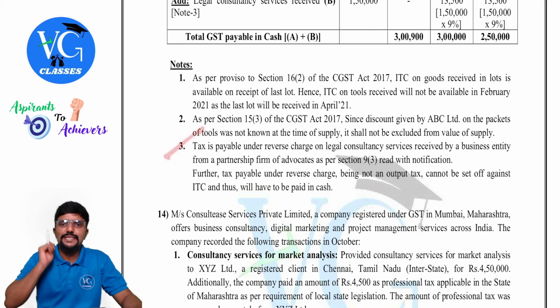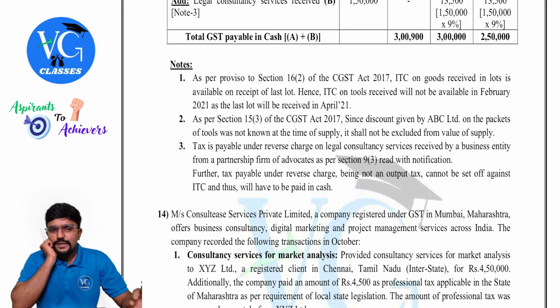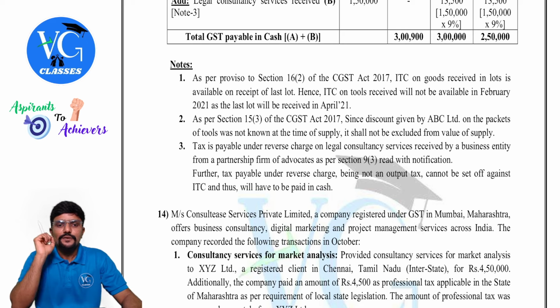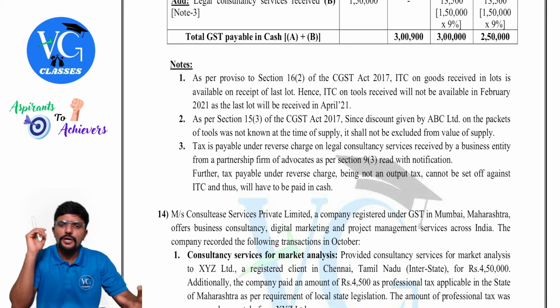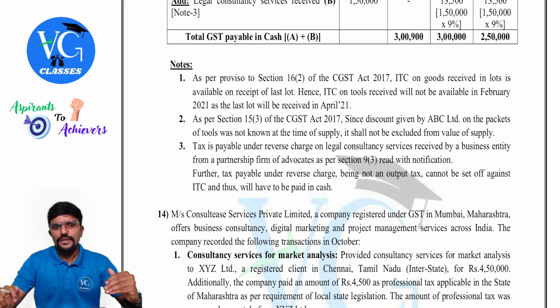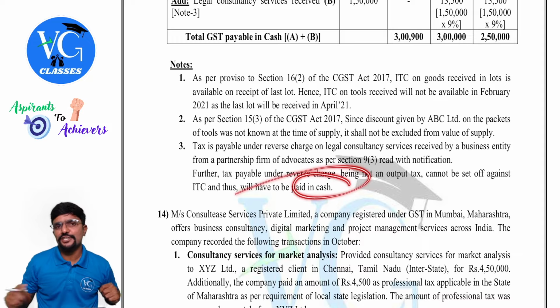Then coming to RCM on legal services. Tax is payable under reverse charge on legal consultancy services received by a business entity from a partnership firm of advocates as per section 9 subsection 3 read with notification. Further, tax payable under reverse charge, being not an output tax, cannot be set off against ITC. Hence, you have to pay it through the cash ledger, guys.